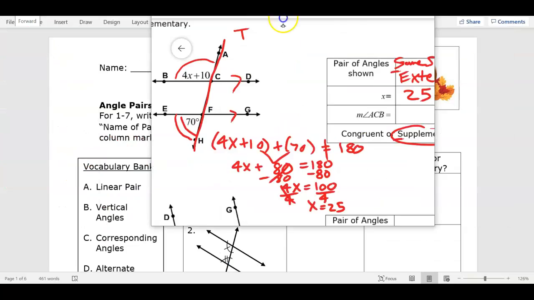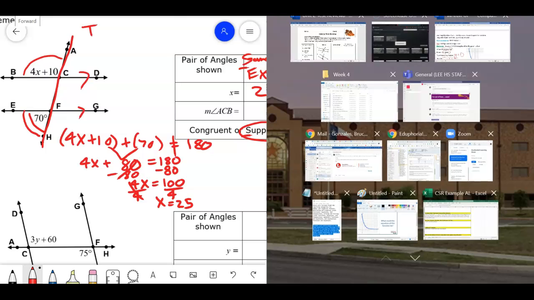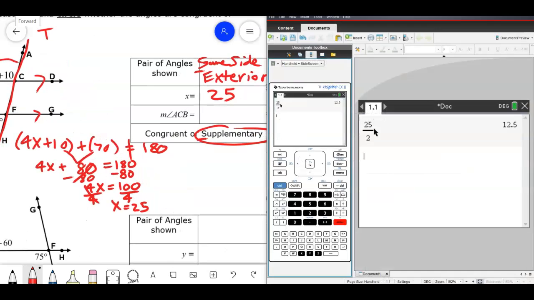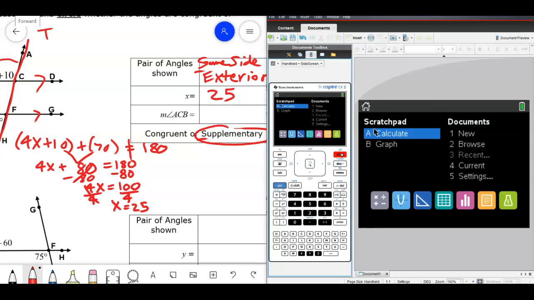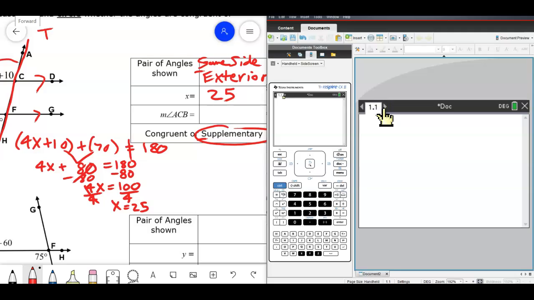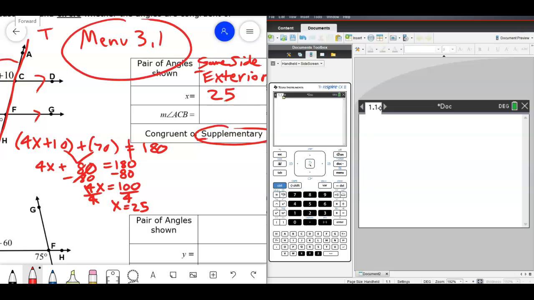Now, let's leave that there. Remember, in your calculator, if you press on, new document, don't save, number 1, you can use menu 3, 1. You just have to remember to use comma x when you type it in, okay?